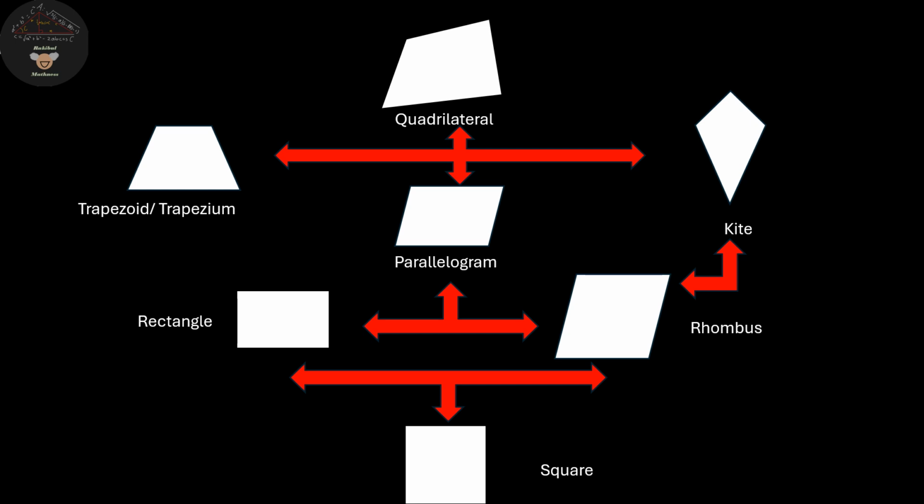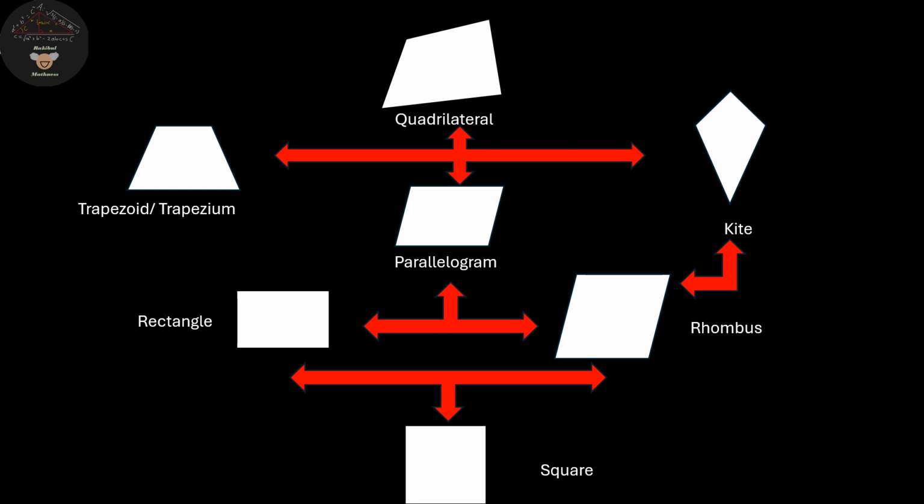You might be wondering why. Remember, a parallelogram is any shape that has two sets of parallel lines, the opposite sides are equal, and opposite angles are equal as well, which is true in the case of a rectangle and a rhombus. So both of these are parallelograms.